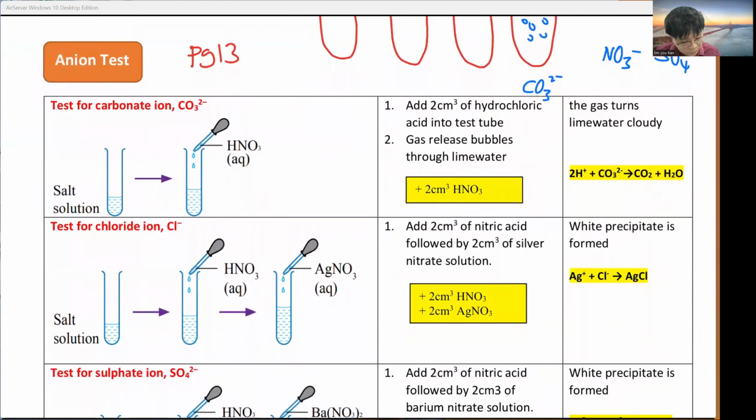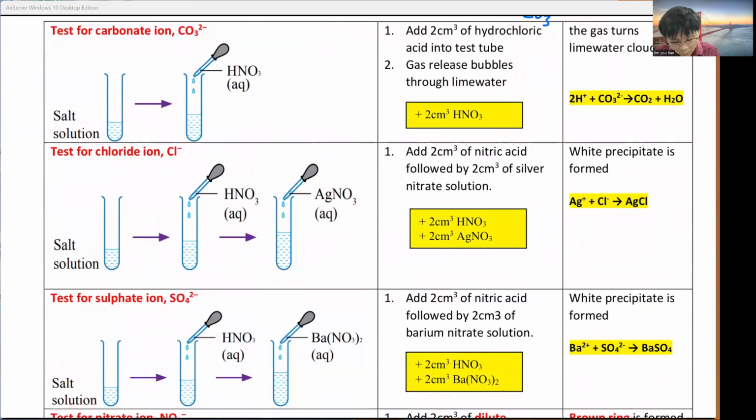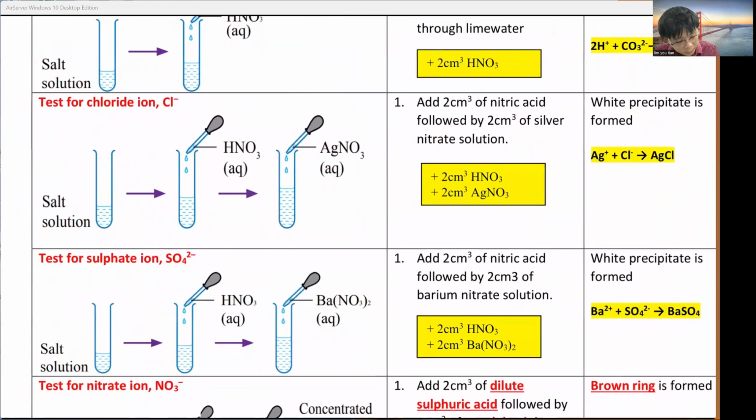For chloride, we know that chloride is all soluble except silver chloride, which is not soluble. So as I say, you must put nitric acid first. Then after that, you put in silver nitrate. Why?